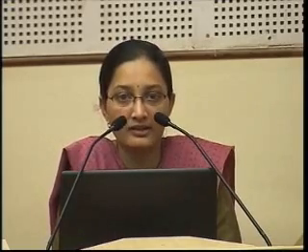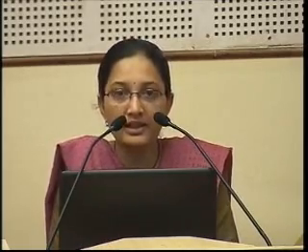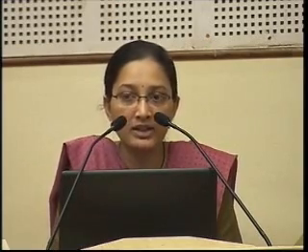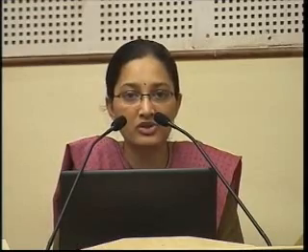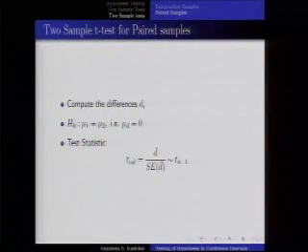Now how do we do that? Instead of simply computing x bar and y bar and taking their difference, what we do is we first compute the difference for each observation. So we compute the quantity di, which is the difference in the after-test score and before-test score for each observation. So basically di is xi minus yi. And then the hypothesis of interest we know is mu1 equal to mu2.